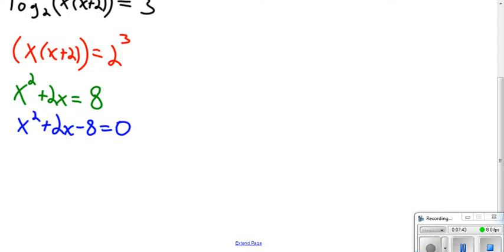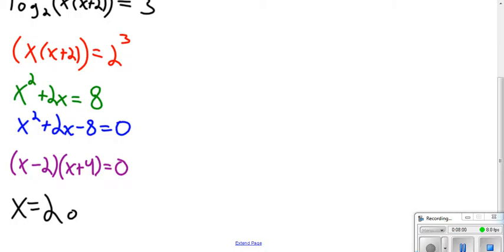We'll solve by factoring in this case. We'll do x minus 2 and x plus 4 are the factors, equal to 0. So we know then that x has to equal either positive 2 or negative 4. Those are the only possible answers for x.